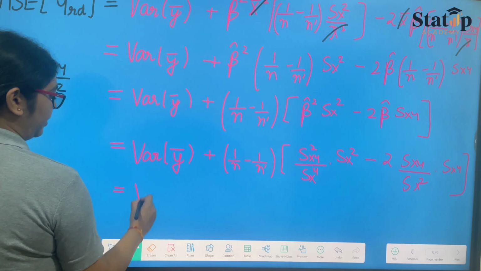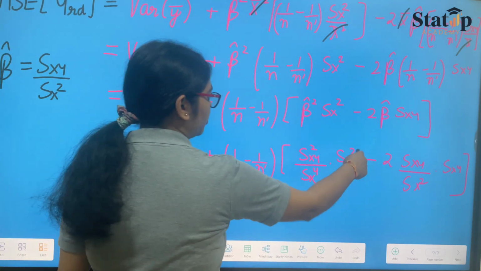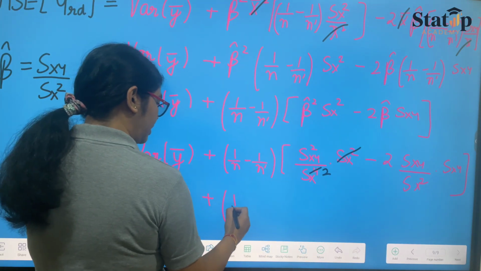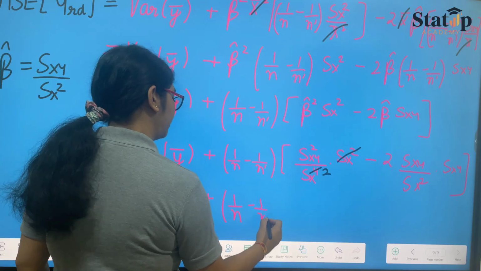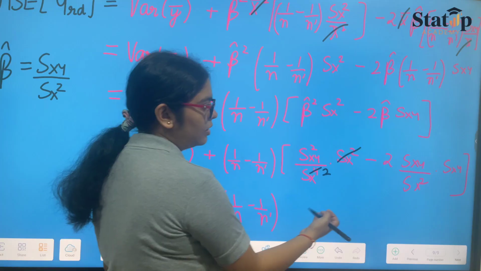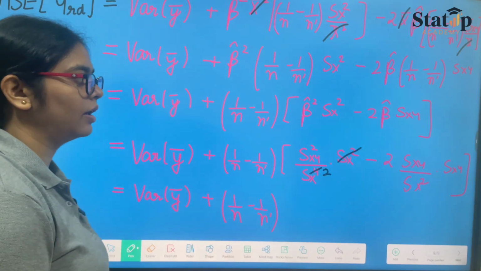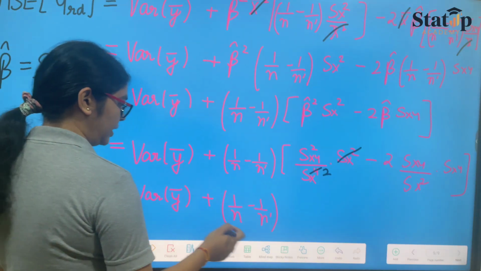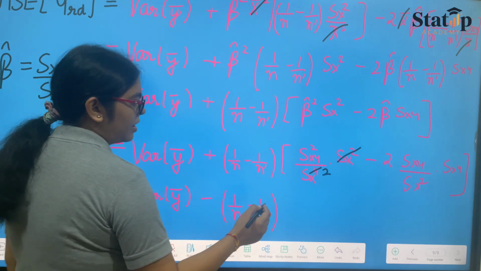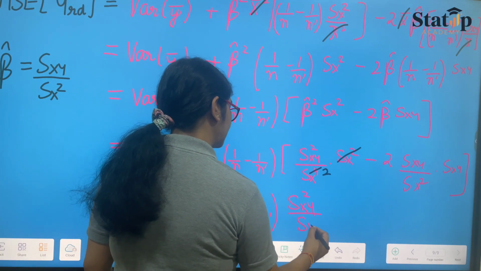So this would be variance of y bar plus, this 2 will get cancelled with this 4 and we are left with 2. So this would be 1 upon n minus 1 upon n prime. Now here Sxy square upon Sx square minus 2 Sxy square upon Sx square will get us minus Sxy square upon Sx square. So taking that minus here, we'll remove plus and we are left with Sxy square upon Sx square.